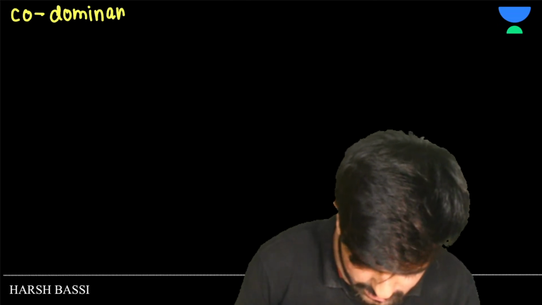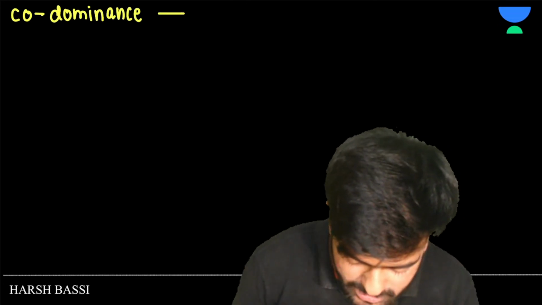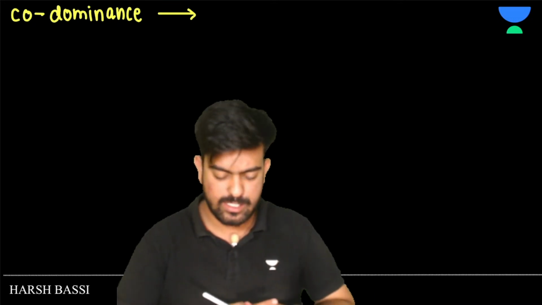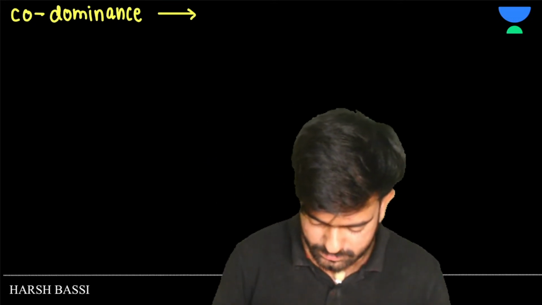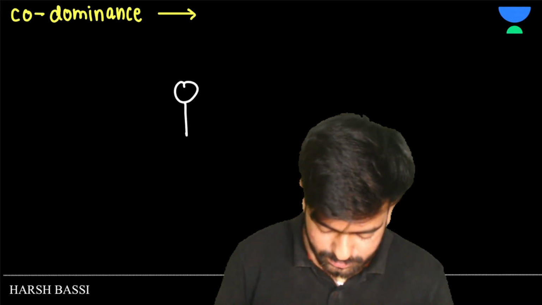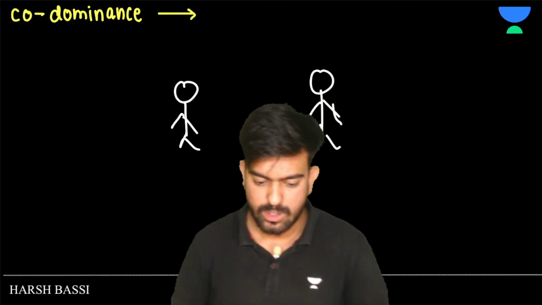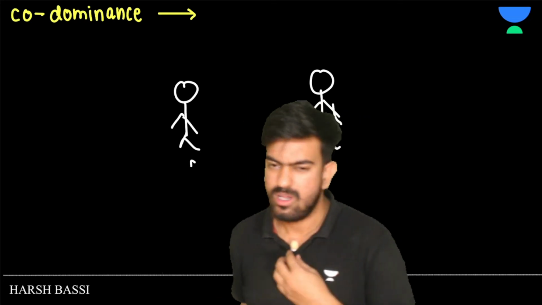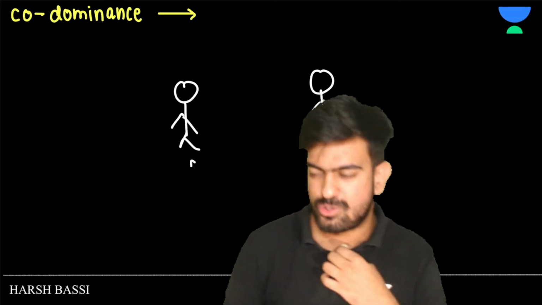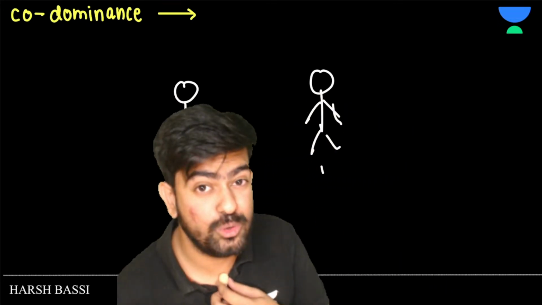Codominance. Clear? And in codominance, it's like, you know, let's suppose that this is you and this is your best friend. Every time when we went to school, we used to do these kinds of things.